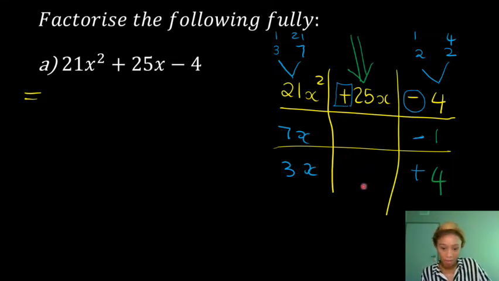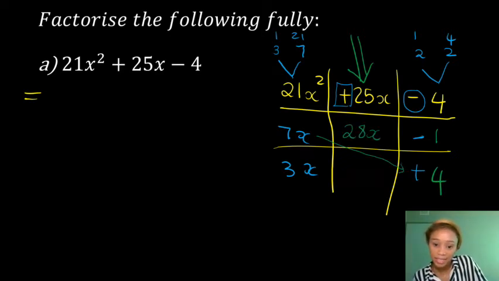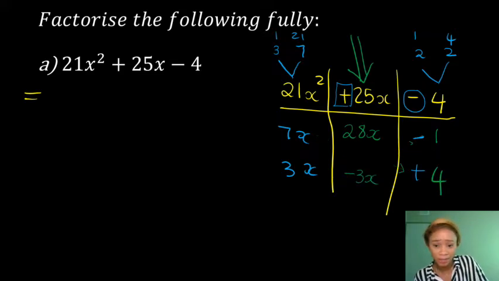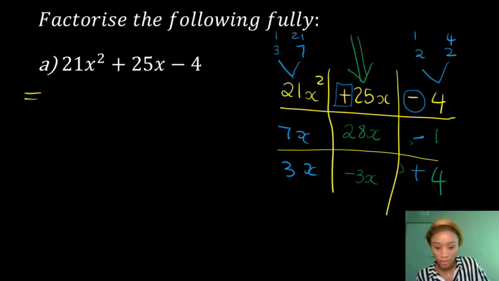So now let's do this. This times that gives me 28x. And then this times this gives me negative 3x. Now, I want you to see something here. 28x minus 3x gives me what?